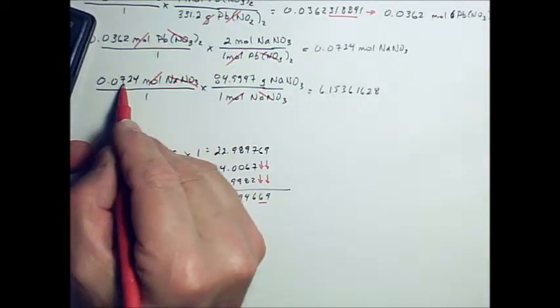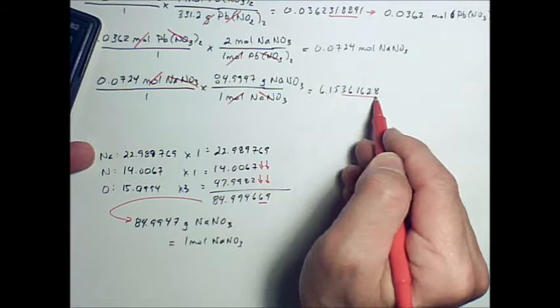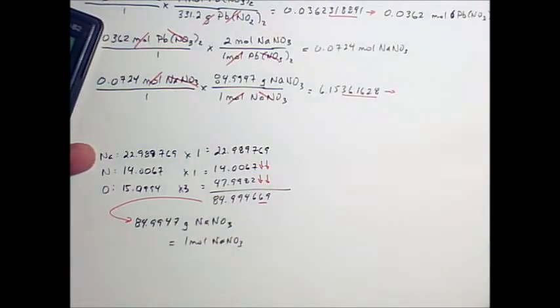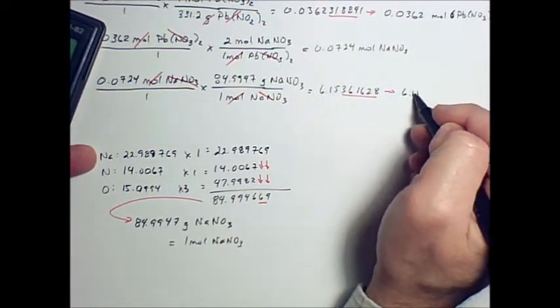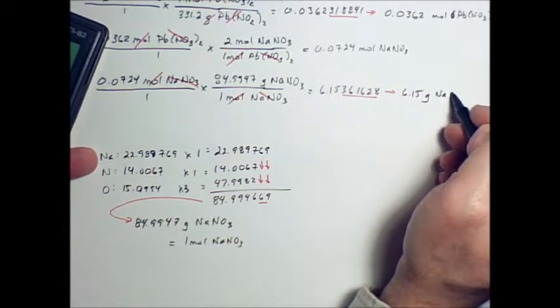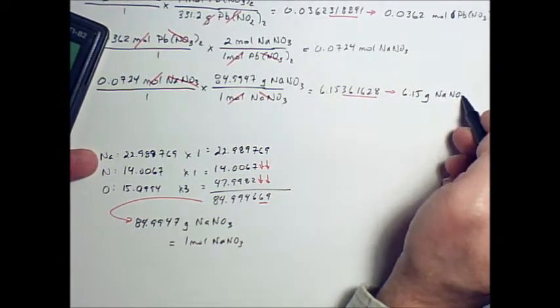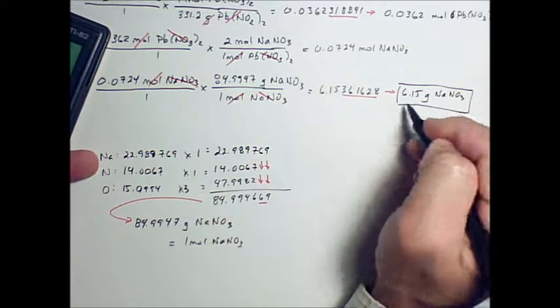Leading zeros are not significant. 1, 2, 3 digits here. Bring it down: 6.15 grams of sodium nitrate. And that's what the question asks you for, the mass of the sodium nitrate that might be formed.